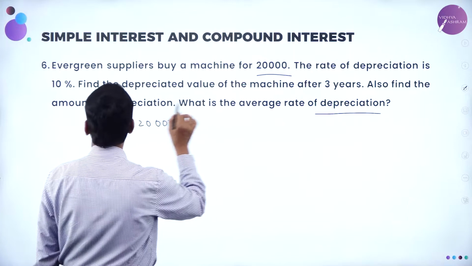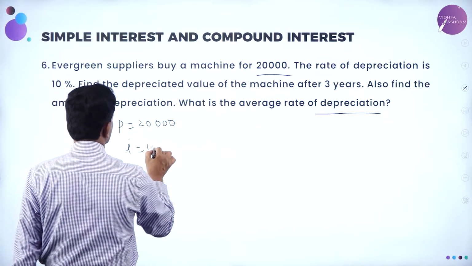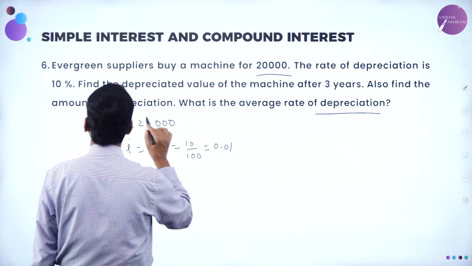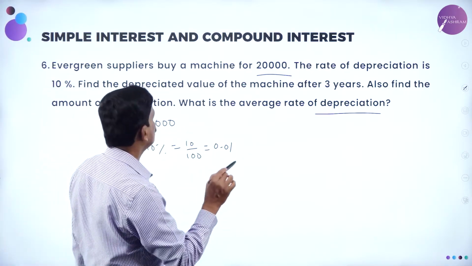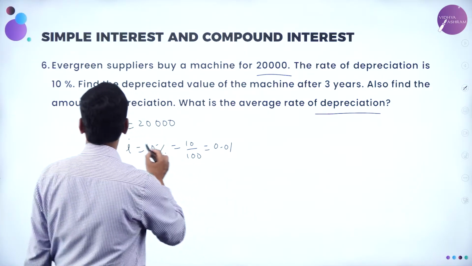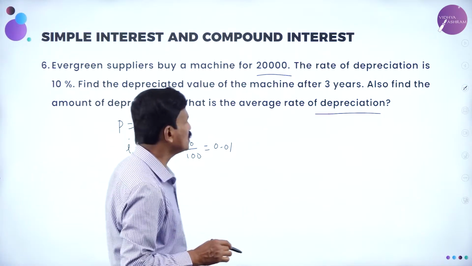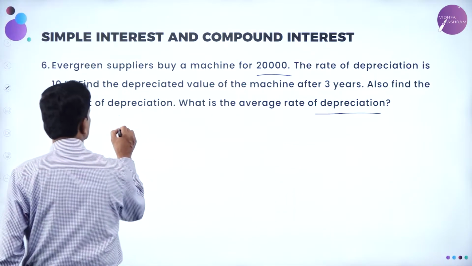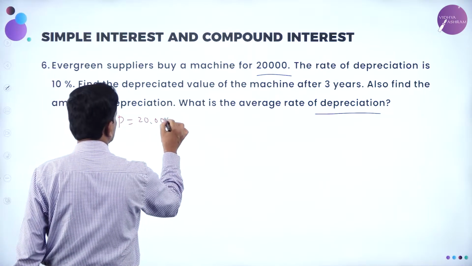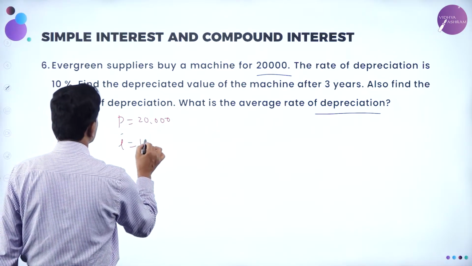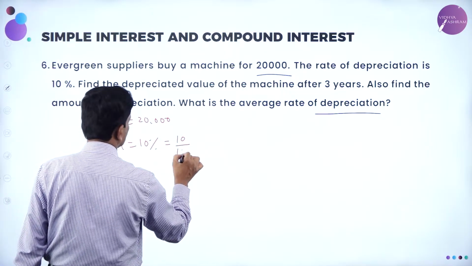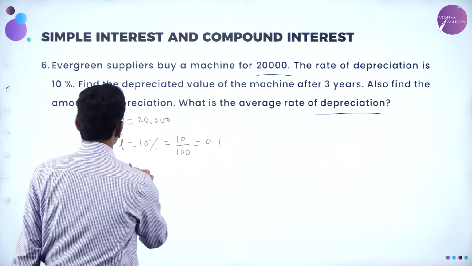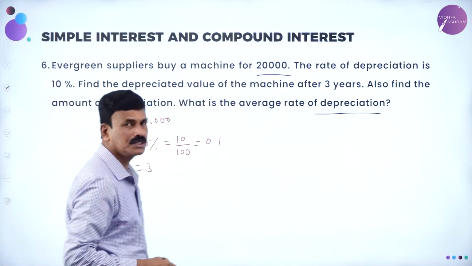The rate of depreciation is 10%, so I is equal to 10%, that is 10 by 100, which is 0.1. Then what is N? N is equal to 3 years, right?